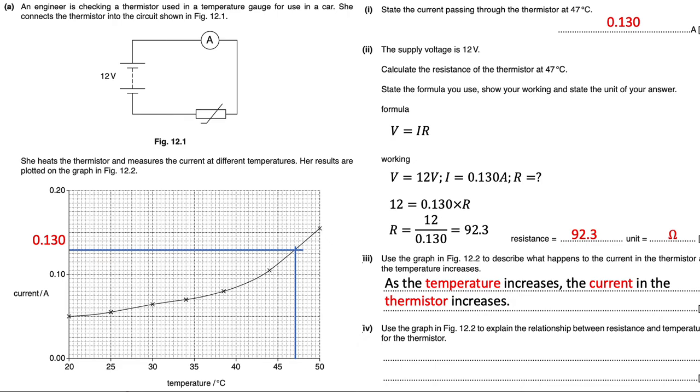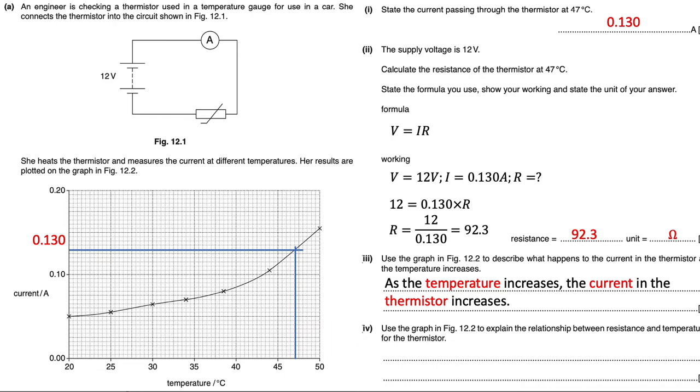The key bit here now becomes we go from describing, up in the top question here, to explaining. And this is a really great kind of jump there. It's only a 1-mark question, but it's worth us thinking about it. How does the figure, the graph, explain the relationship between resistance and temperature?